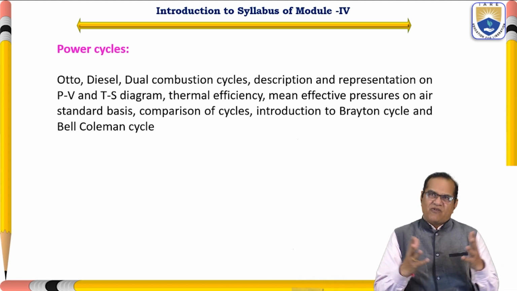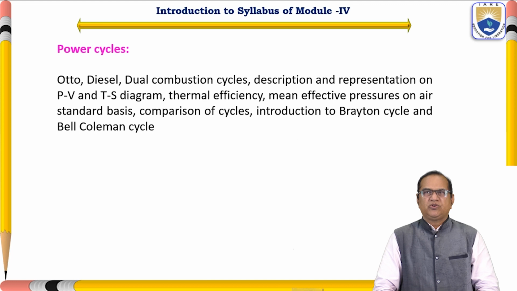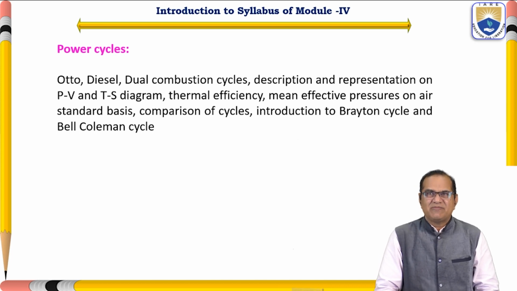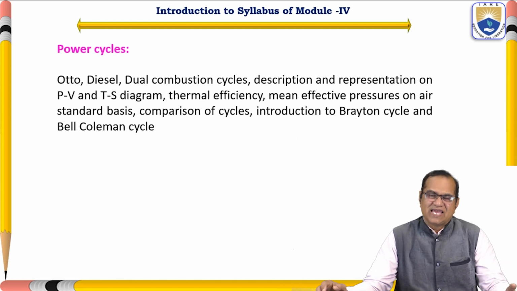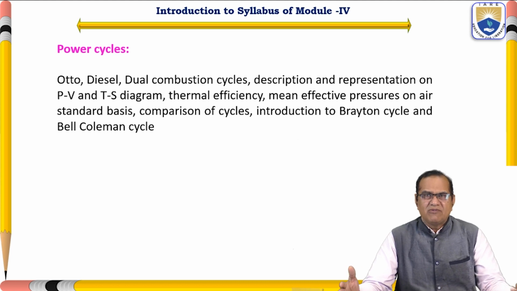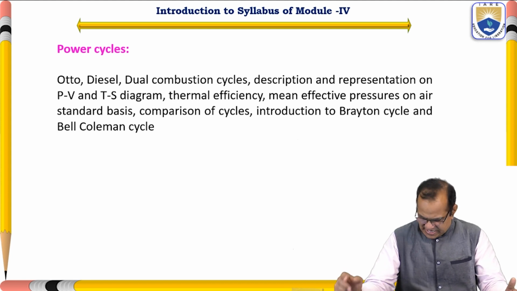So these are the 5 cycles which I have already told you, and as per our syllabus also, these cycles are given. So I will be focusing on this. However, in between some basic cycles also I am going to cover in the next slides.